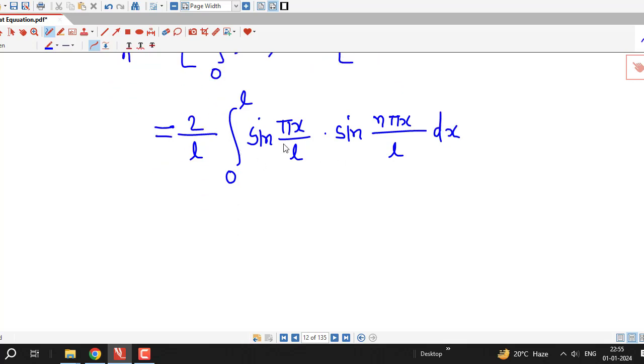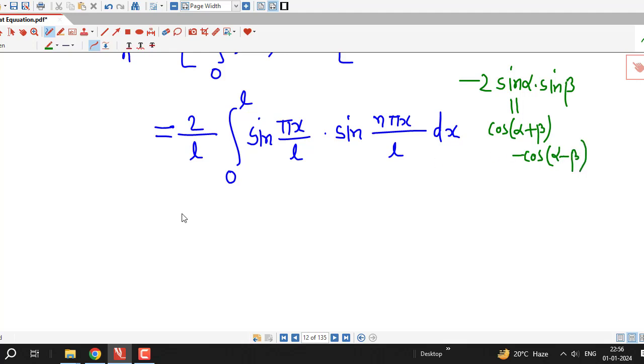So here I have 2 times sin into sin, so we can rewrite this by using this formula. We know that minus 2 sin alpha times sin beta is equal to cosine of the addition of these two angles minus cosine of alpha minus beta.